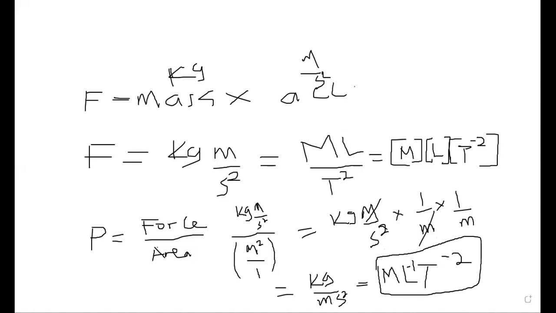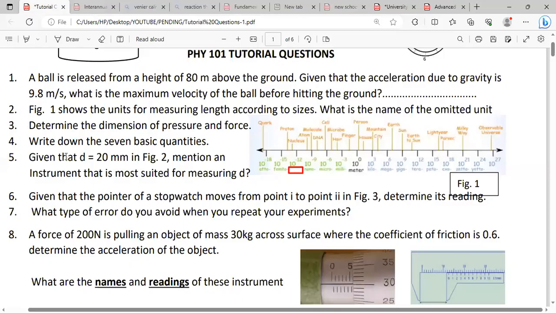Let us go to the next question. The next question says, write down the 7 basic quantities.